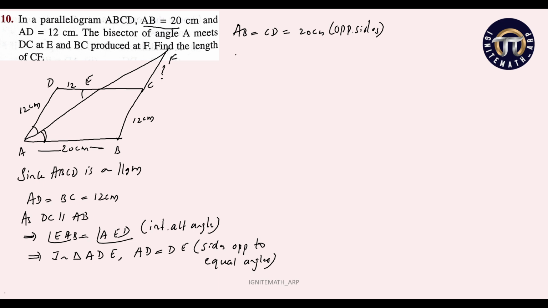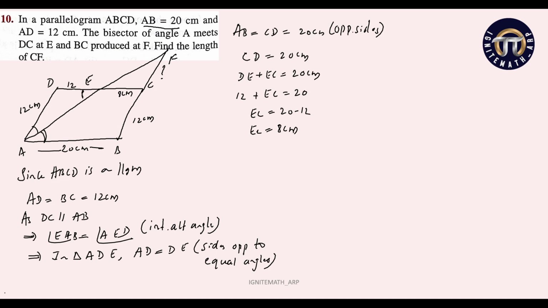So CD is equal to 20 centimeter. DE plus EC is equal to 20 centimeter. DE I got to know 12. EC I'm supposed to find out. So EC is equal to 20 minus 12. EC is equal to 8 centimeter. So I get this one as 8 centimeter. Clear, children?